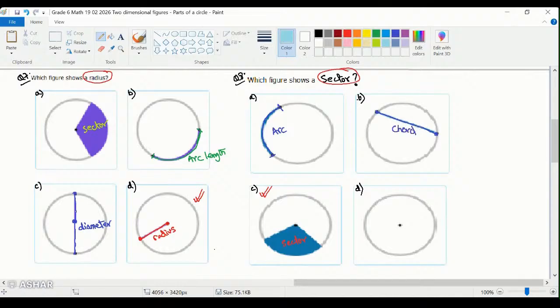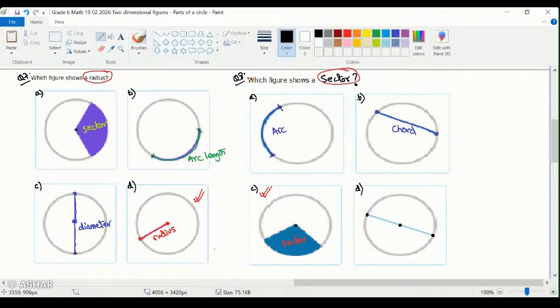But if I would have a line passing through the center, right? I change option D. If it was passing through the center, then option D would be a diameter. There's a difference between option B and option D. Why?